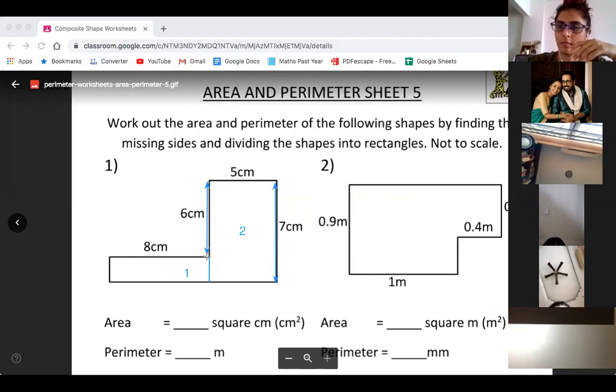This one is how many cm? 6. So if here is 7 and here is 6, how tall is this last arrow? 1 cm. Correct. So you know this is 1 cm. Alright, if you were going to find the area for shape number 1, Joey, how do you find the area for shape number 1?